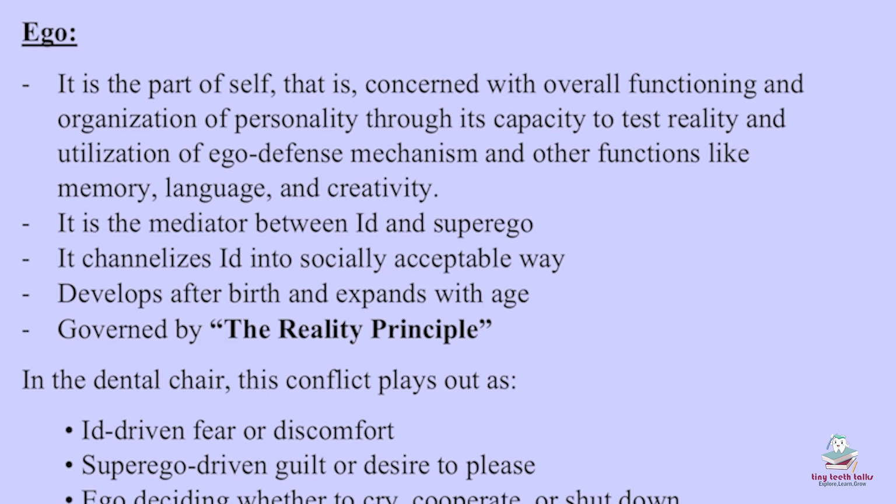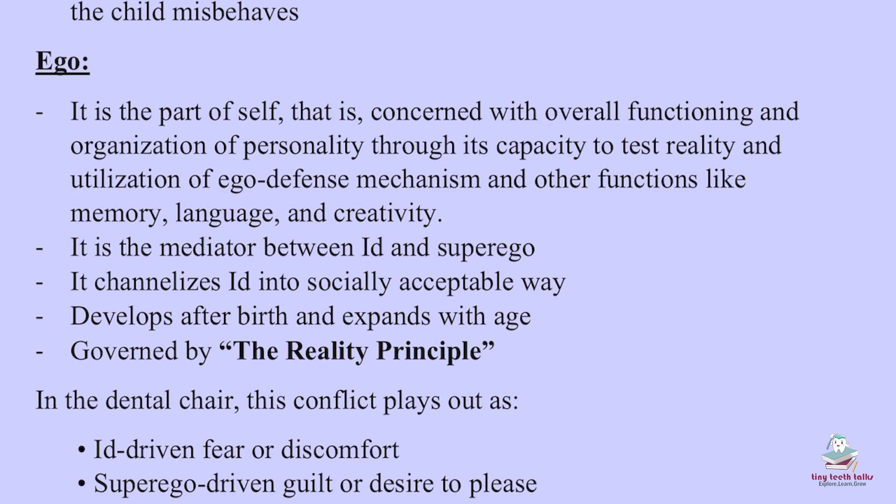Now, ego is the part of self that is concerned with the overall functioning and organization of personality through its capacity to test reality and utilization of ego defense mechanisms. Ego defense mechanisms mean the ego uses certain mental strategies to protect us from stress, anxiety or inner conflict, especially when the id, which is our desires, and the superego, which is our moral rules, clash.